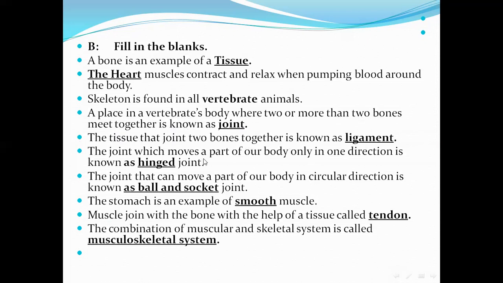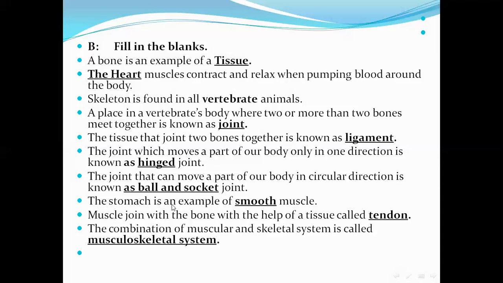And the joint which moves a part of our body only in one direction is known as hinge joint. For example, your arm, you just bend your arm. Next is the joint that can move a part of our body in a circular direction, known as ball and socket joint.